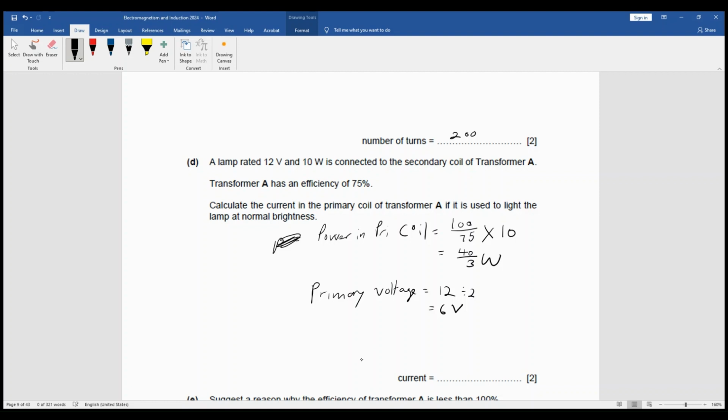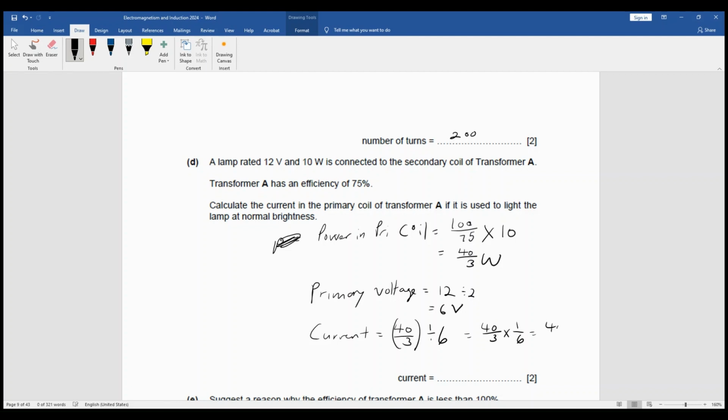So what is the current in the primary coil? Current equal P over V. So it's 40 over 3 divided by 6, which is 40 over 3 times 1 over 6. Is it correct? Yes. 40 over 18.